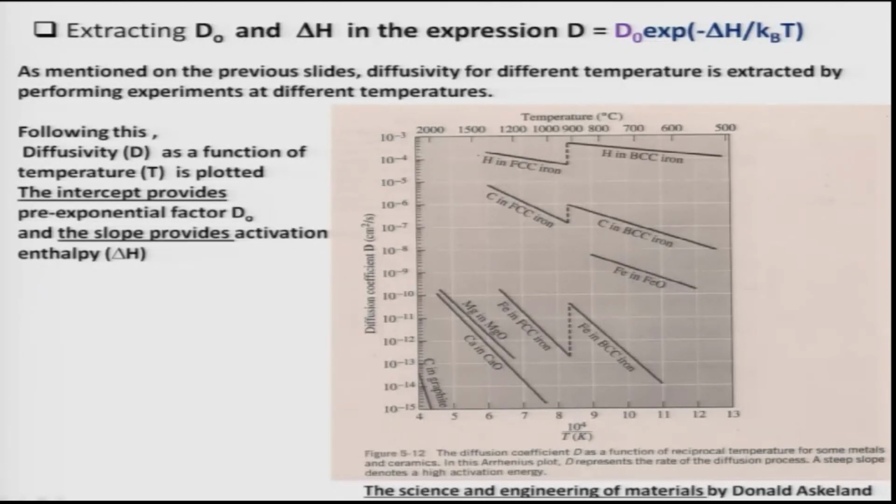Look at one important aspect here: carbon in graphite, self diffusion. Carbon in graphite is extremely slow, because graphite has very few sites available. Vacancies are normally very low in graphite, because it is a high melting temperature material. Carbon melts at 3600 degrees Celsius, therefore at a temperature of something like 1000 to 2000 degrees Celsius, the number of vacancies is very low.